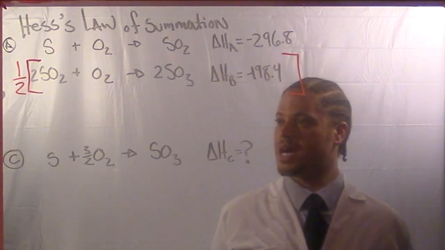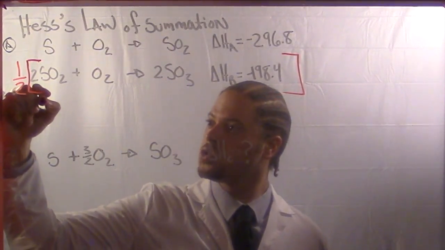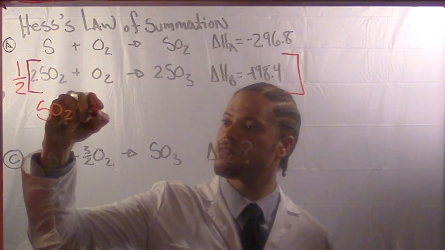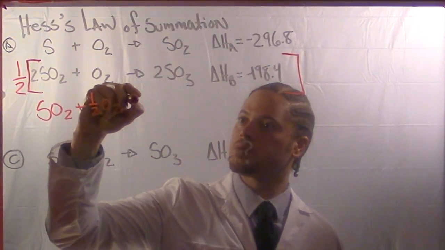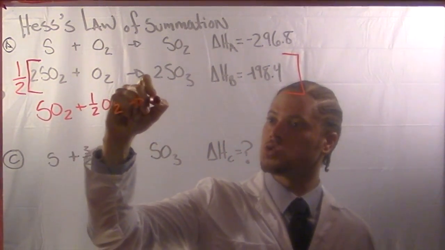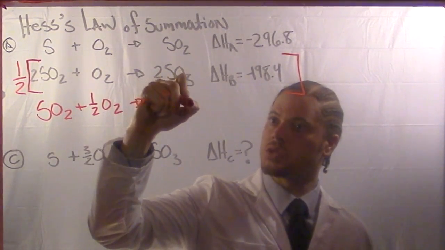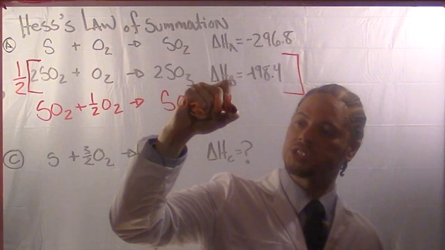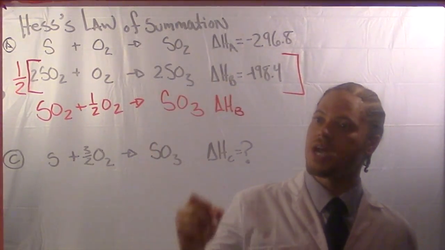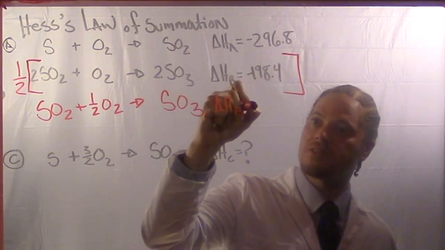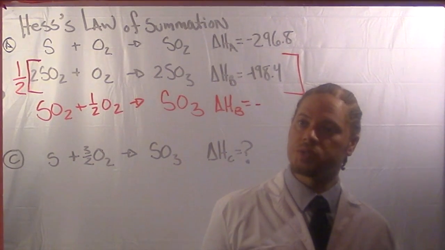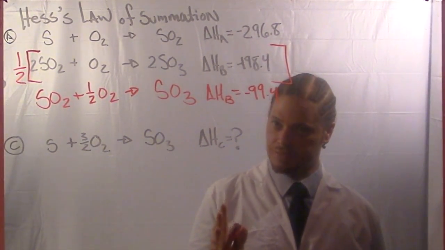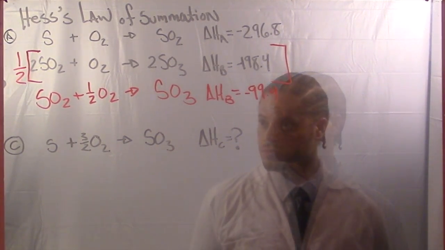So we take 1/2 times the entire reaction. 1/2 times 2 is 1 SO2 plus 1/2 O2 produces 1/2 times 2 is 1 SO3, and our delta H of reaction B becomes half of negative 198.4, which is negative 99.4.